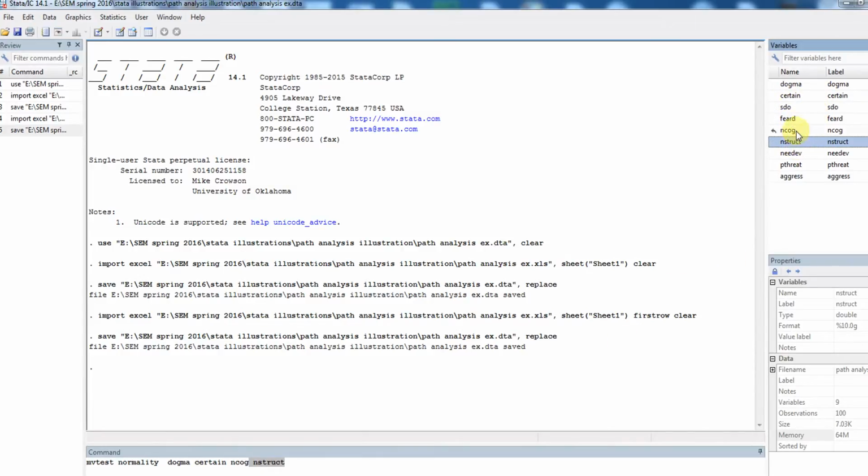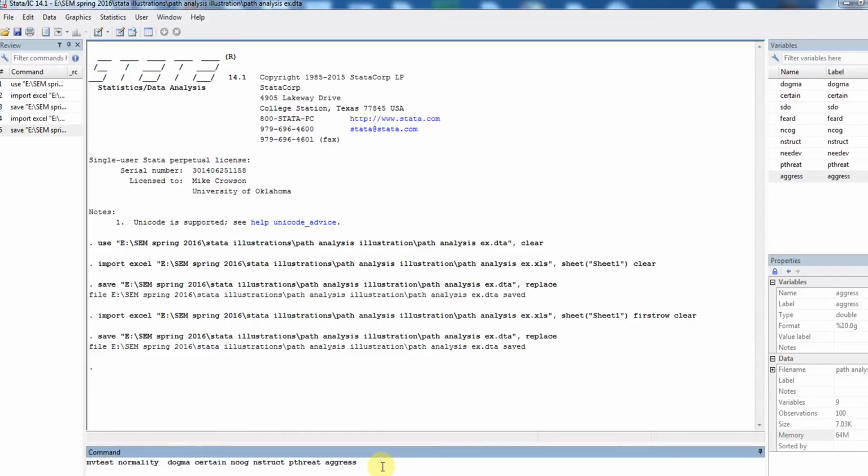Actually, I'm not going to include fear. I'm going to include perceived threat and aggressiveness. So I'm going to include those.